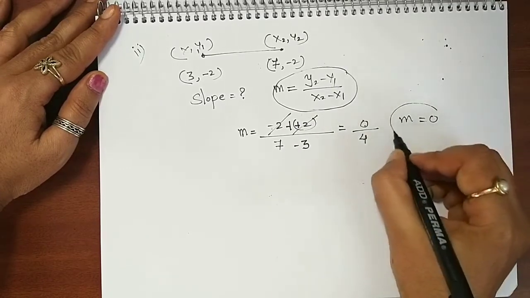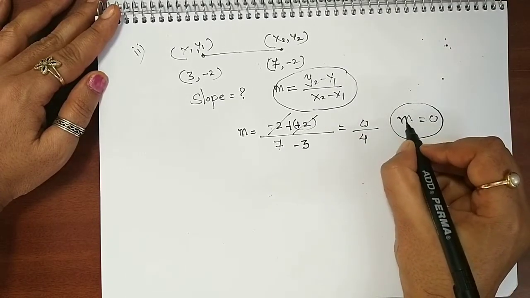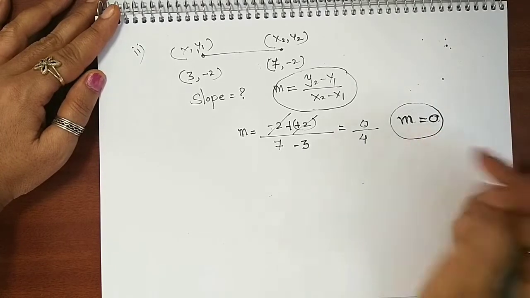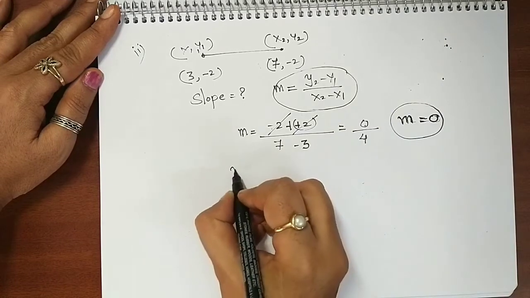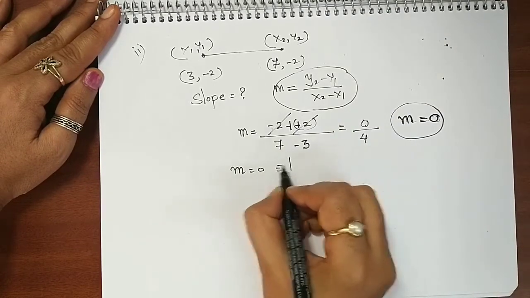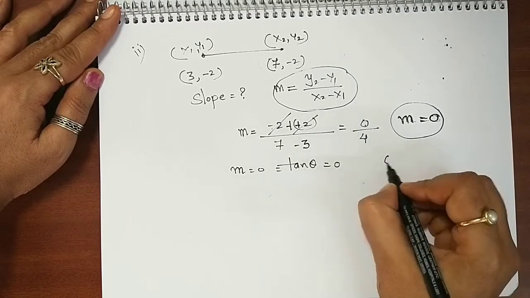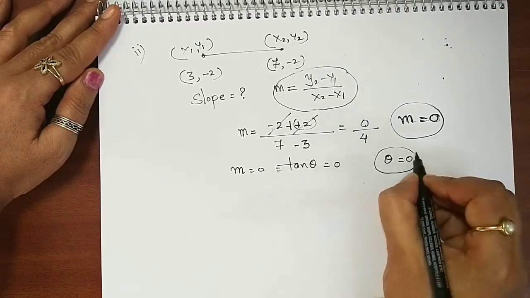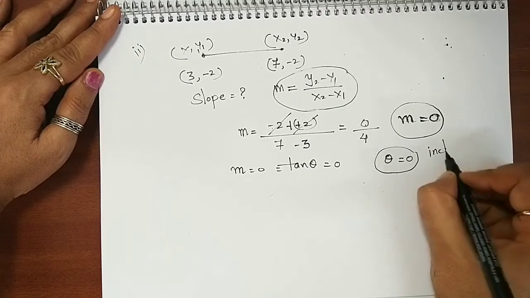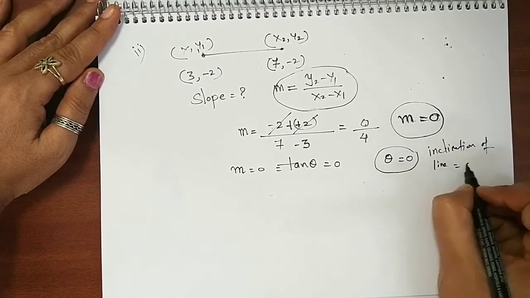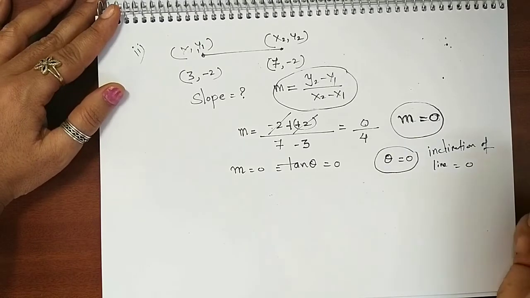So slope is 0. What is the meaning of slope is 0? If you look at the meaning, m is 0 is nothing but tan theta is 0, correct? That means theta is 0. Theta is 0 means inclination, that means the inclination of the line was 0 with the x-axis.